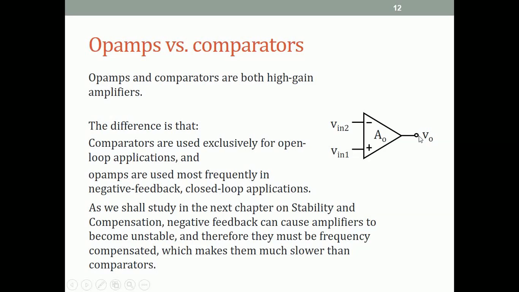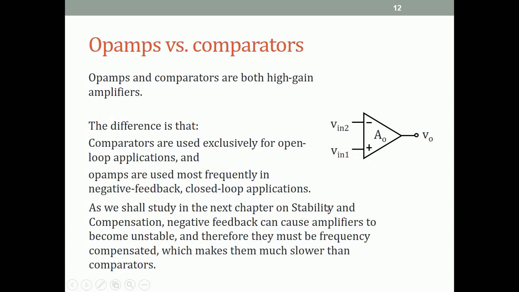As we'll study in the next chapter, chapter 10 on stability and compensation, negative feedback can cause high gain circuits to become unstable. You probably have heard this before, and you will study this in detail in chapter 10. Therefore, op-amps have to have special frequency compensation so that they don't become unstable, because they are going to be used with negative feedback. Frequency compensation causes the circuit to be slower.